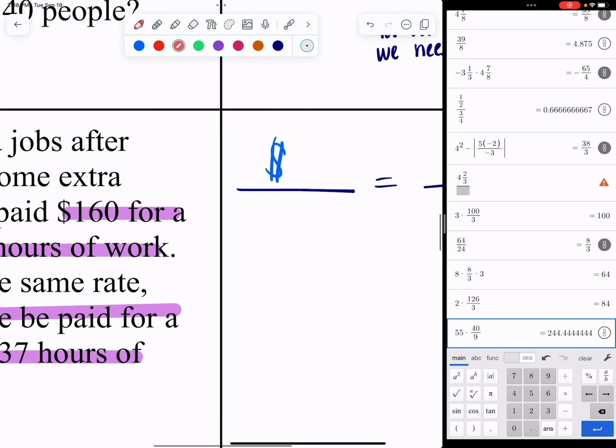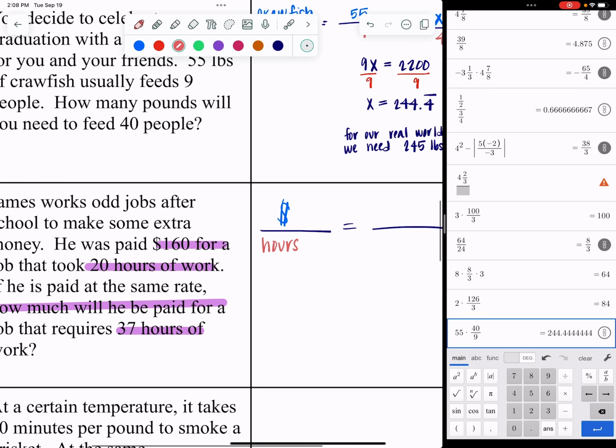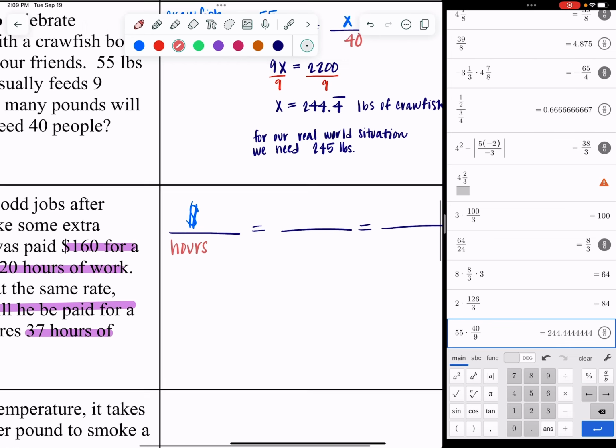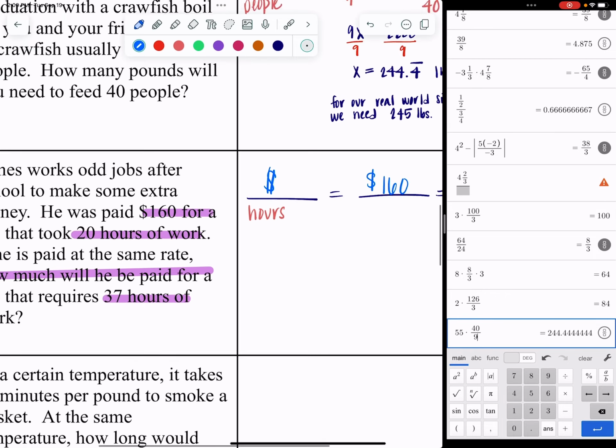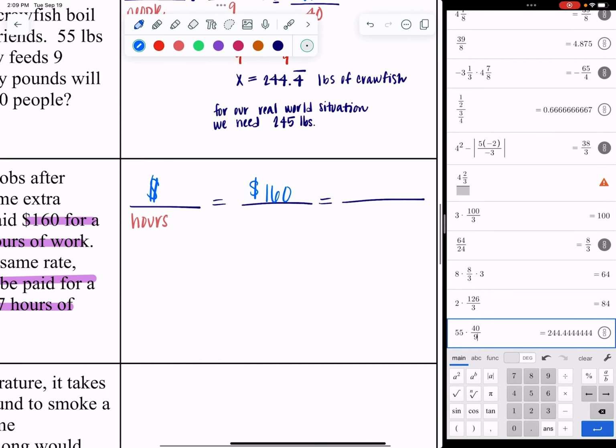I'm going to put money on top, hours in the denominator. This guy gets $160. That's money, so it's going to go on the top, for 20 hours of work. So I'm going to put that in the denominator, with the rest of the hours.